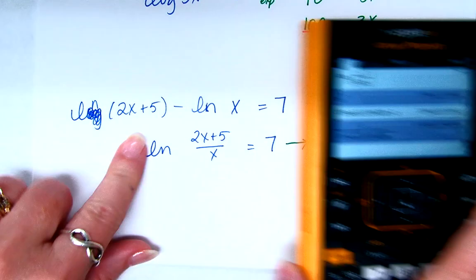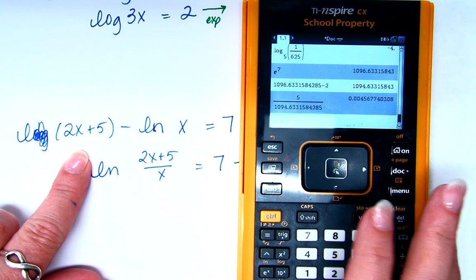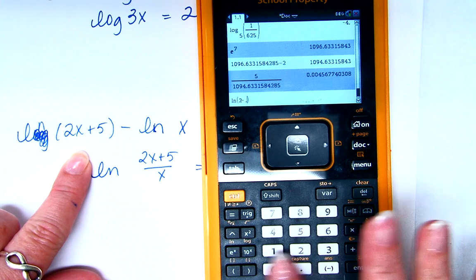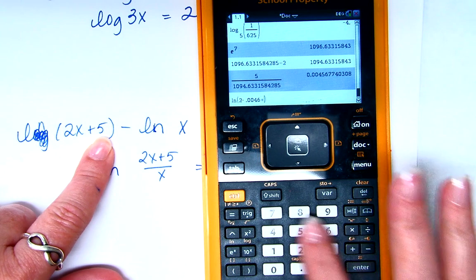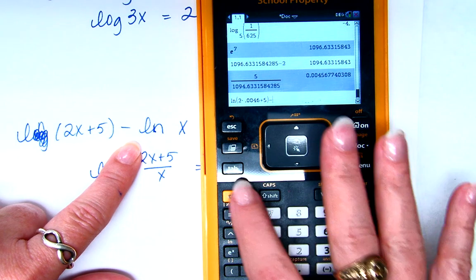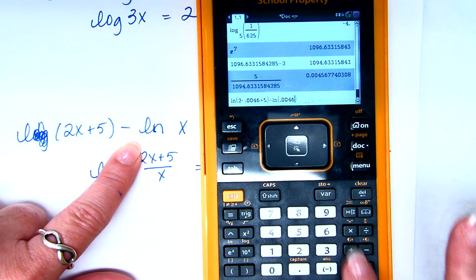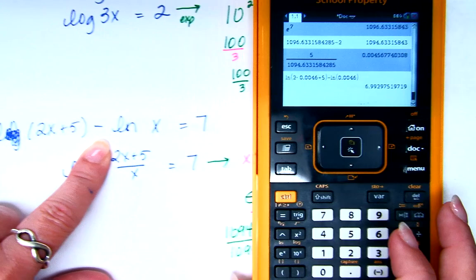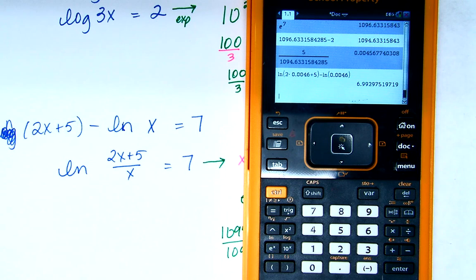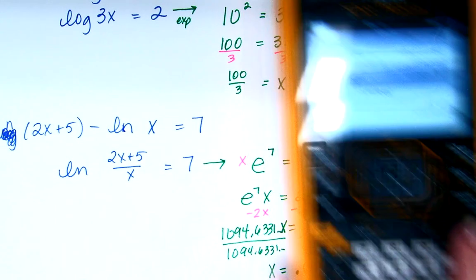Okay, so let's see, natural log of 2 times 0.0046 plus 5 minus natural log of 0.0046. Is it right? Yeah. Is that close enough to 7? It is. Especially since we had to substitute it in 2 different times, right? Okay.